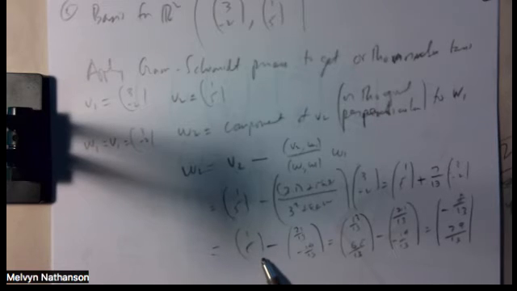And (1, 5) is the same as 13 over 13, 65 over 13. So in the unlikely event this is correct, you get minus 8 over 13, 79 over 13.